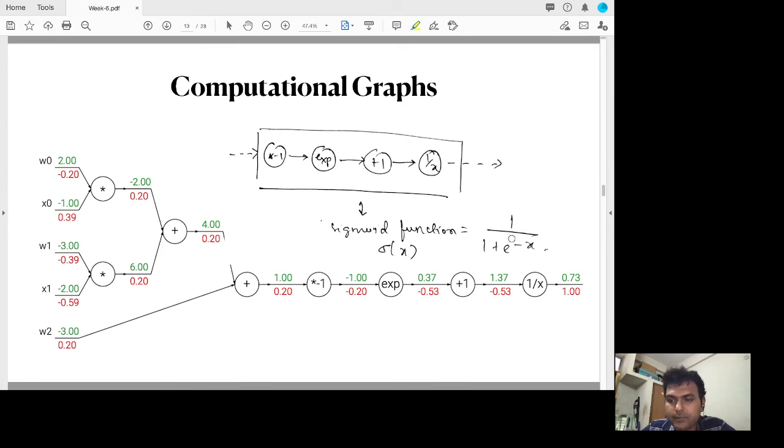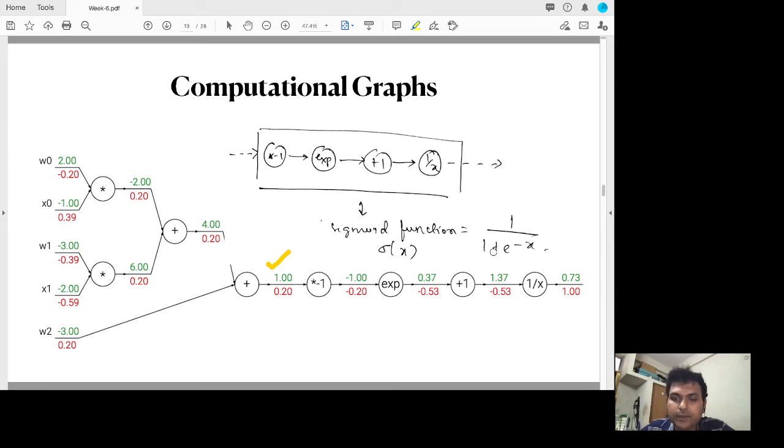The sigmoid function is 1 by 1 plus e to the power minus x. Let's say you get x at this particular point, you multiply that by minus 1, you take the exponential, you add 1, and then you take 1 by that. That is the sigmoid function that we already know.